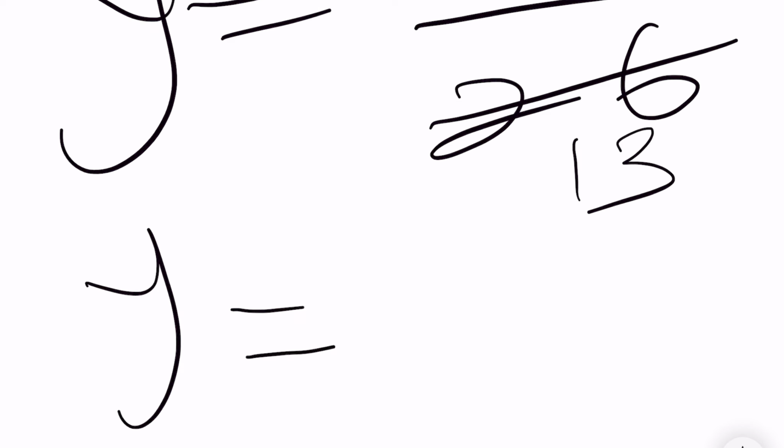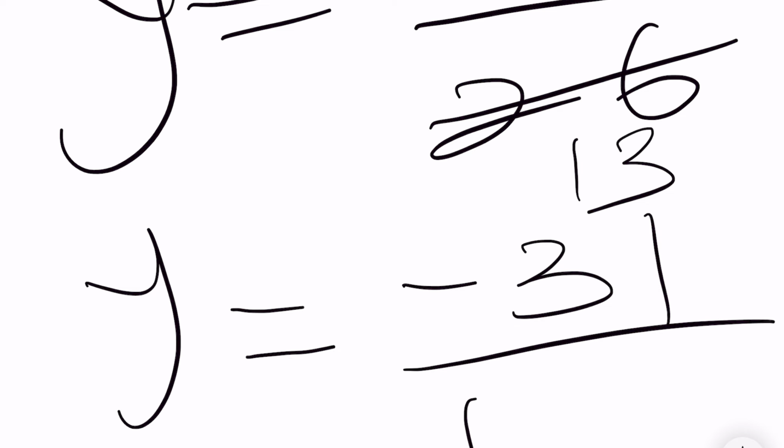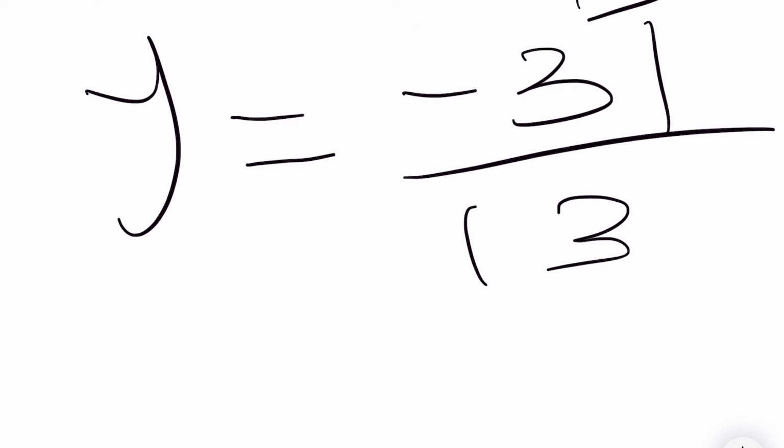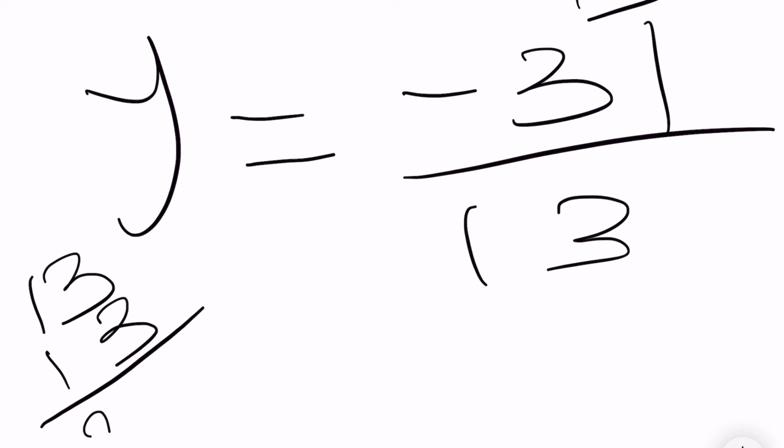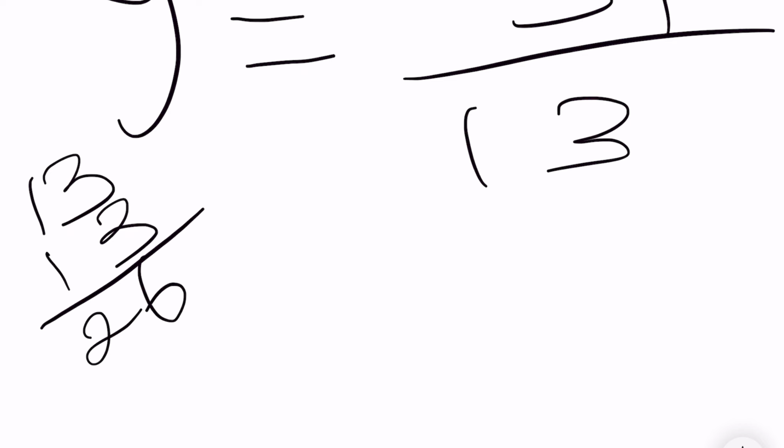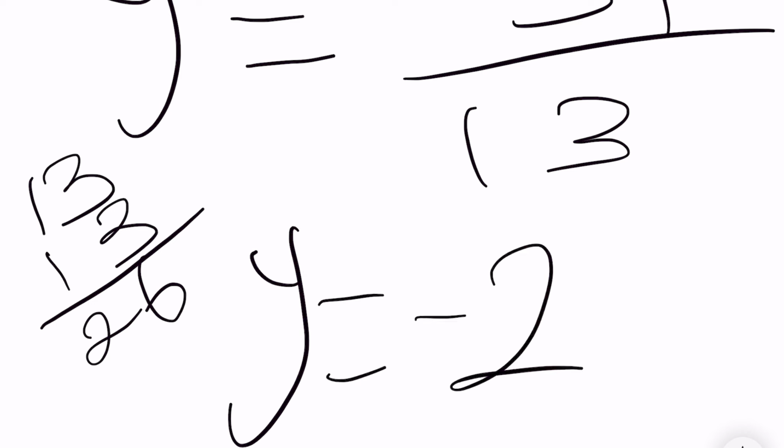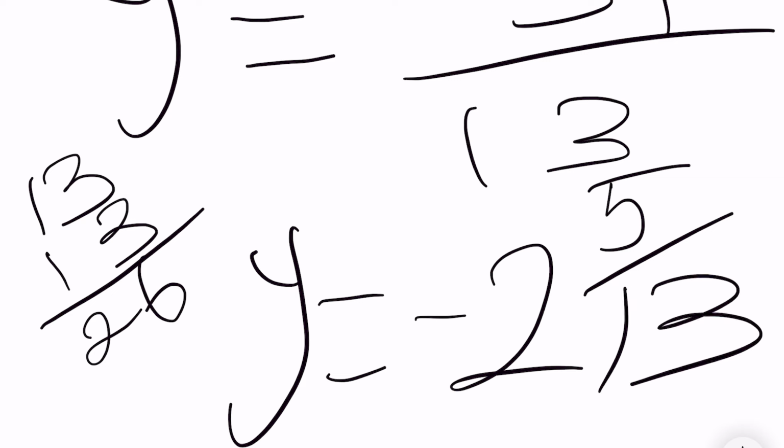So we have our y to be minus 31 over 13. 13 plus 13, we have it to be 26. So we can have our y to be minus 2 whole number 5 over 13.